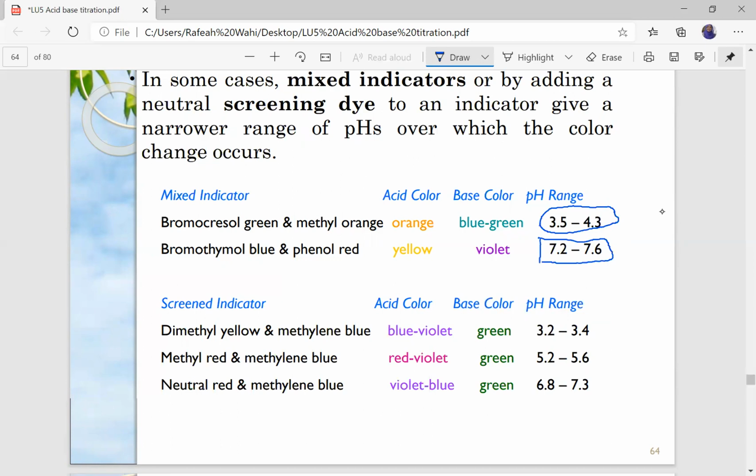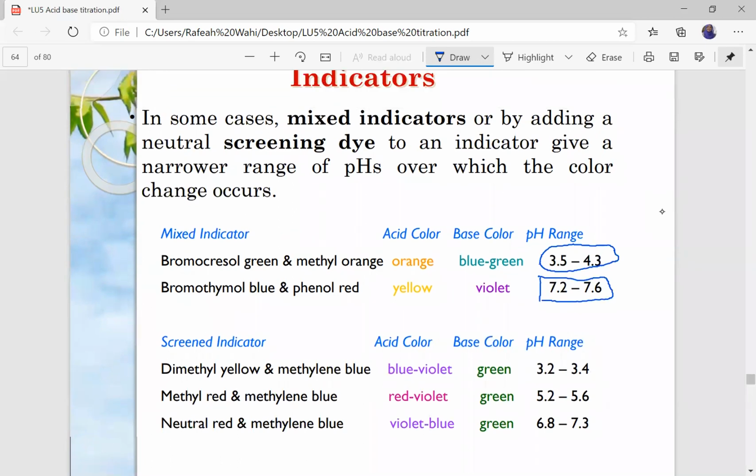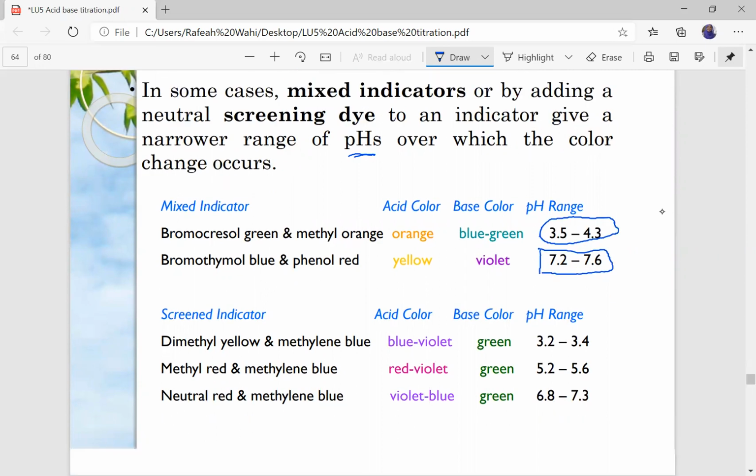If you have methyl red and methylene blue, you have this one, and so on. So the point that I'm trying to convey here is that mixed indicators and screening dye can help to narrow down the range of the pH that can be detected for the endpoint of a titration. Okay.